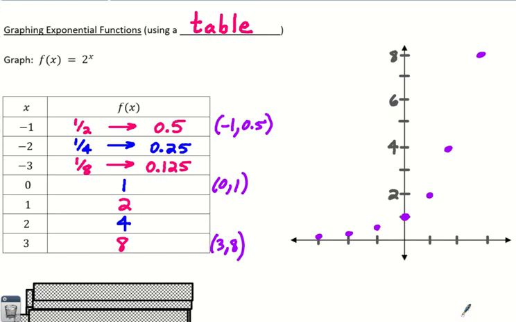What if I plugged in 5? What if I plugged in 50? What if I plugged in 500? Where's this graph going as you plug in further and further x values to the right? Like, what's 2 to the 50th power? This graph is just skyrocketing up so fast.